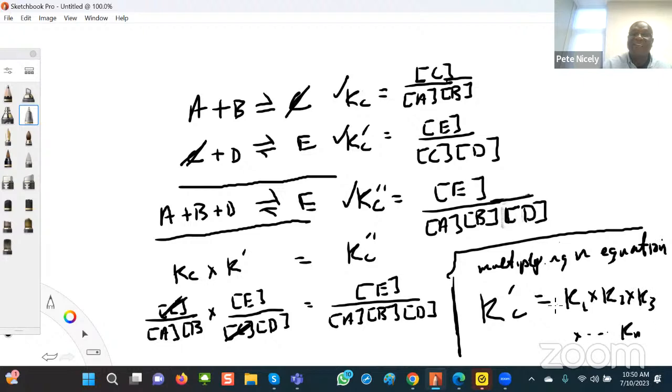So basically, to get the final overall Kc value, you just multiply all the K values for the individual equations that you're adding together. So that's one more thing you need to take into account, which unfortunately I've not provided a question which deals with that, but that's something you need to be aware of.